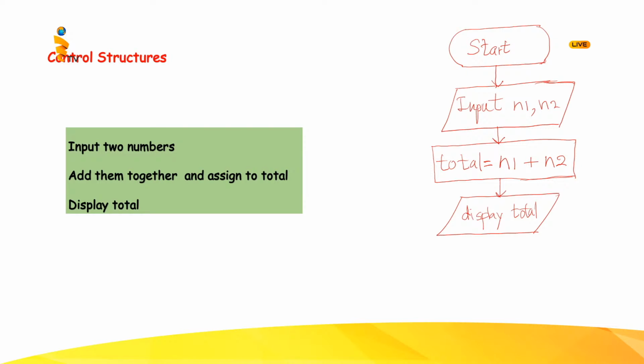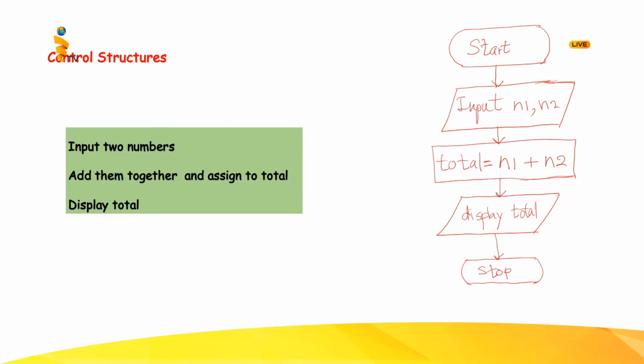Now, have I finished my flow chart? No. I have to indicate now I have stopped. So, I am using my rounded rectangle, then I have to write stop. Then I have to connect the other arrow. Now, I have my flow chart for the given algorithm.